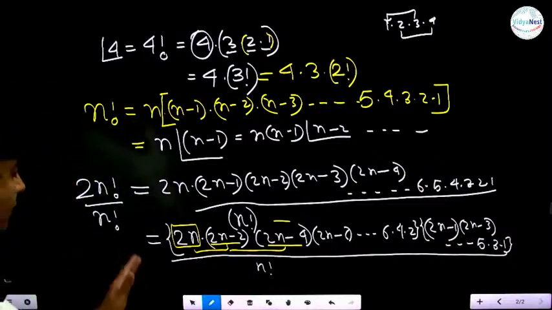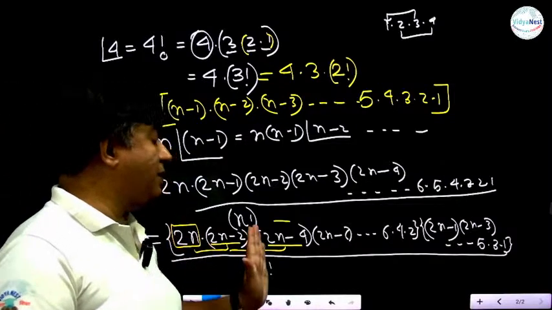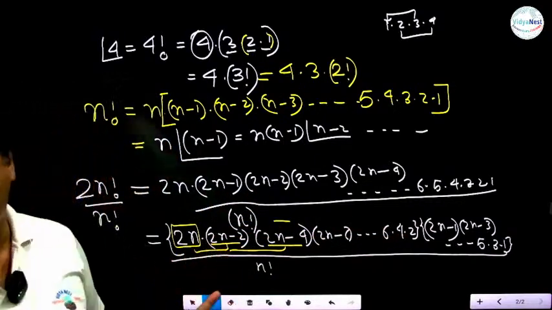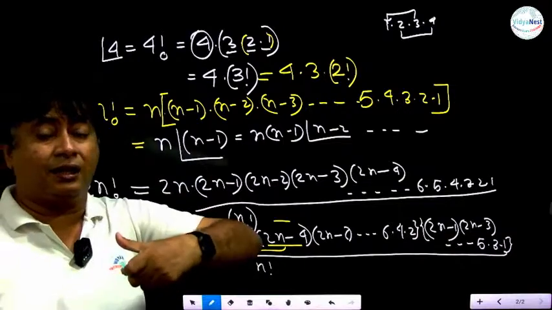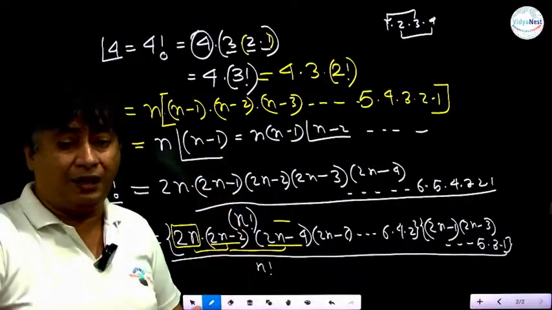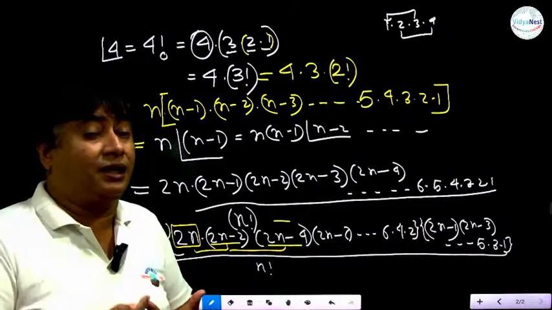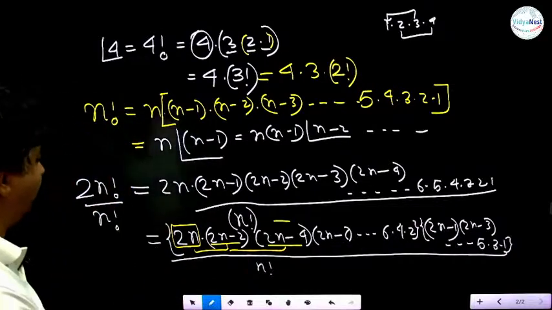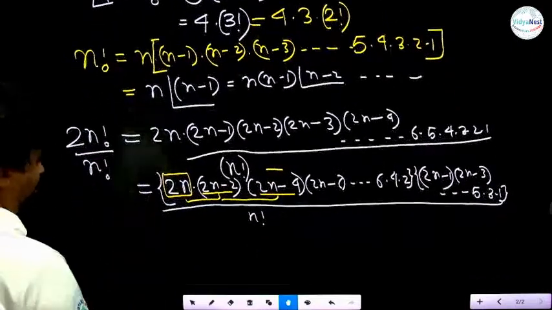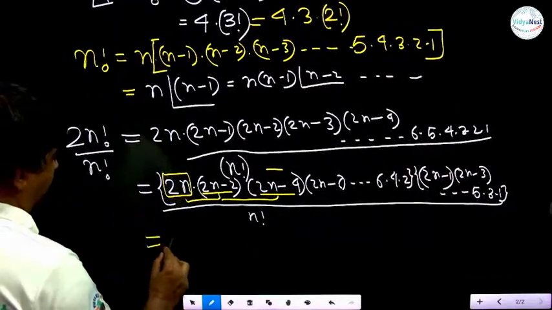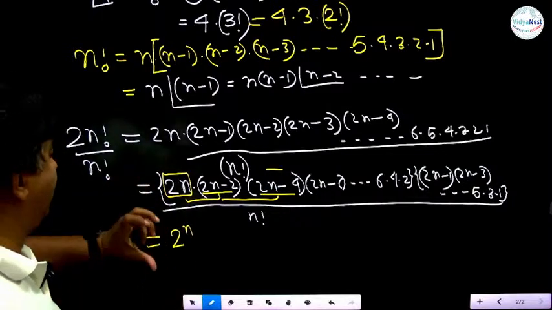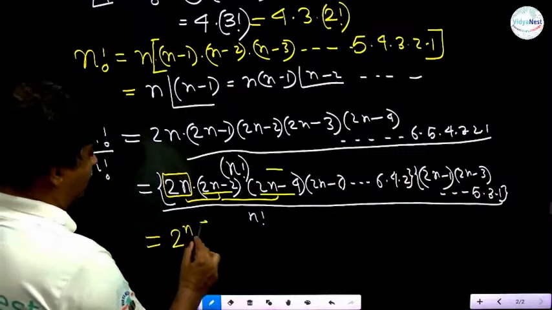Yes, sir. For the even numbers stretched from 2 to 2n, from each even number I can extract 2, and those 2s will get multiplied with themselves and give you 2 to the power n. So 2 to the power n will be brought out. Once I take 2 to the power n out, what will be left for us?